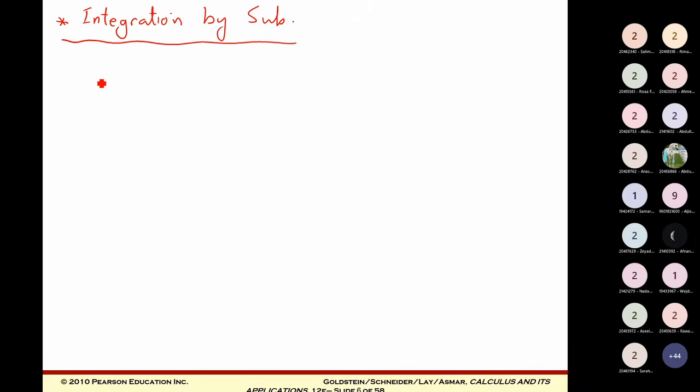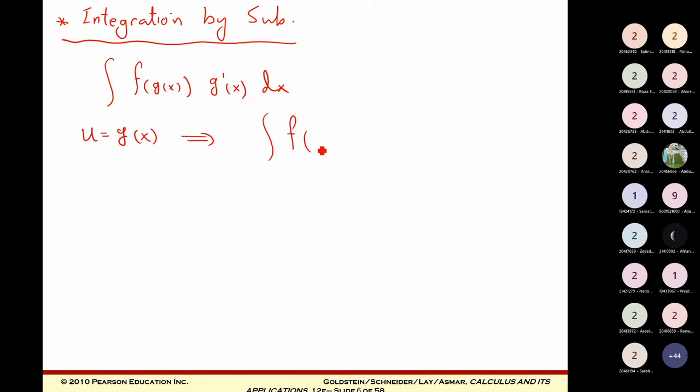If we have the integral of f of g(x) and we can find g prime of x, or approximate g prime, outside the function, we must put u equal g(x) to convert the integration to f(u) du.